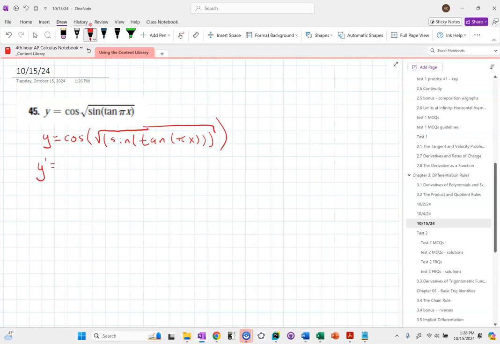So the derivative of cosine is negative sine. And then everything else is going to just stay the same. And then I have times the derivative of the insides.